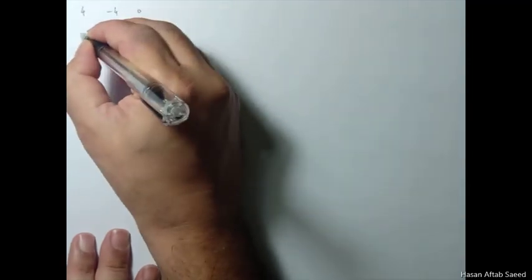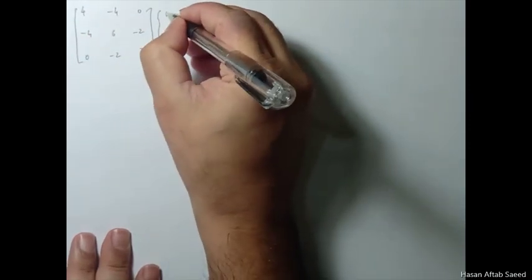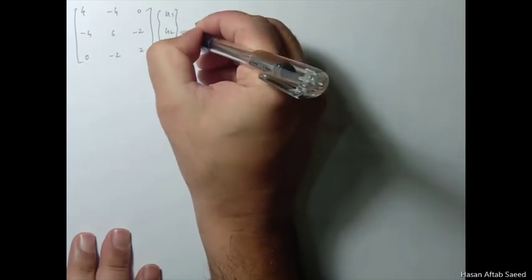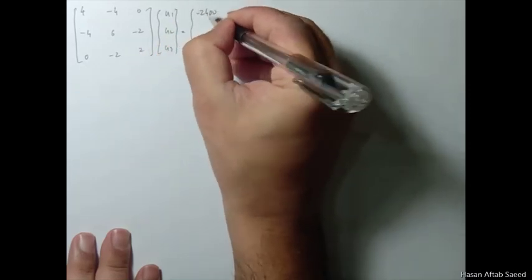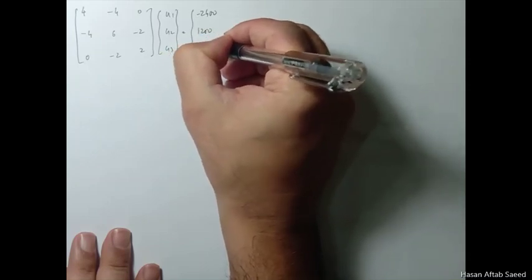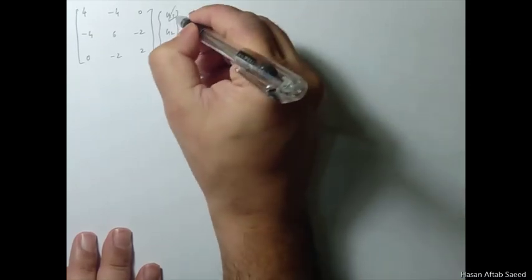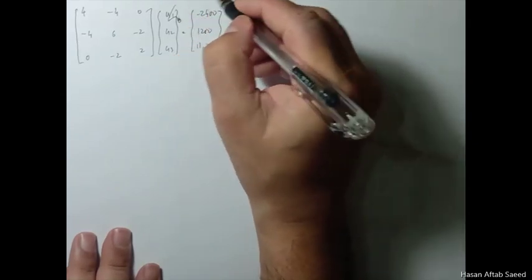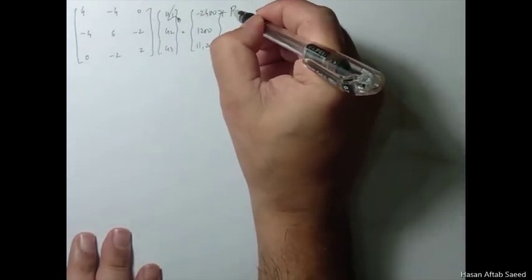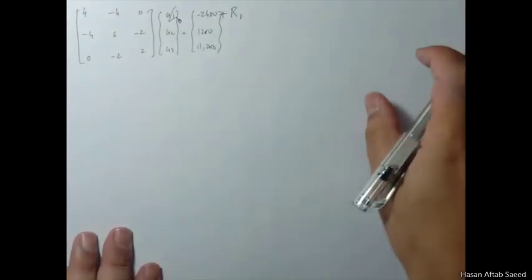So if u1 is equal to 0, it's very simply a matter of, if I just write it down again, this becomes 0, and obviously there is a force supplied by the wall.